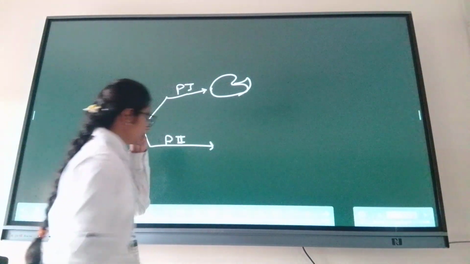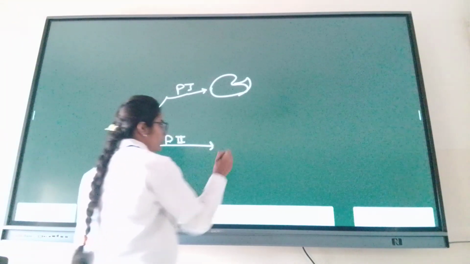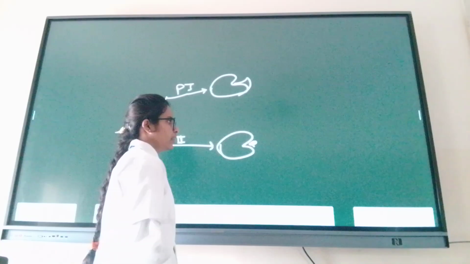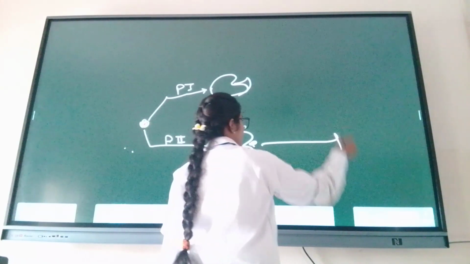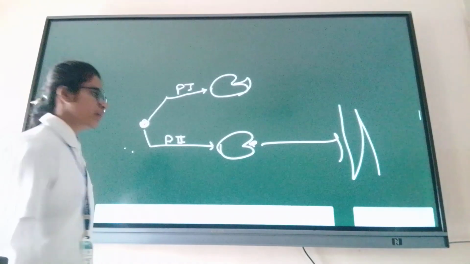In phase 2, the substrate is already in the metabolite form and binds with the conjugate and then eliminates to the kidney. These are the nephrons collecting that and eliminating it.